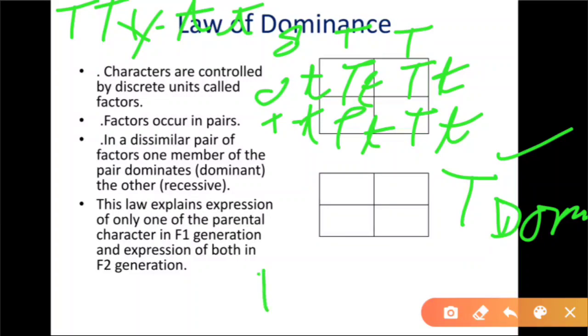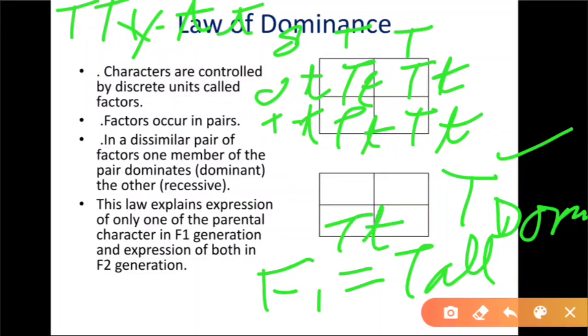In the F1 generation all plants phenotypically appear tall, and their genotype is one capital and one small. That means they are hybrid, but phenotypically they appear tall because tallness is a dominant character in this cross.